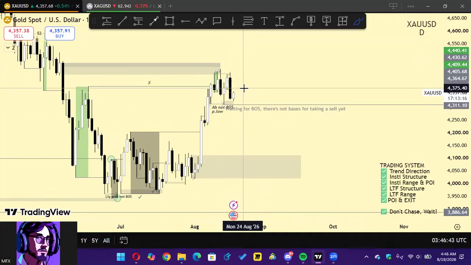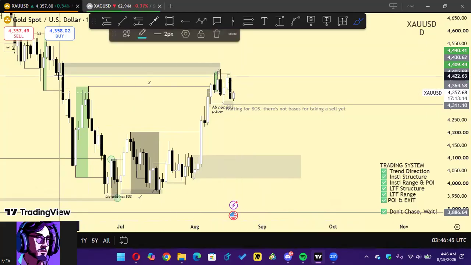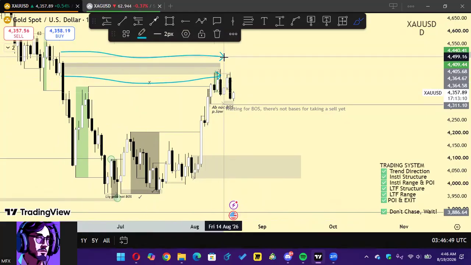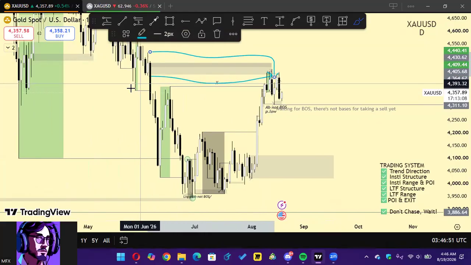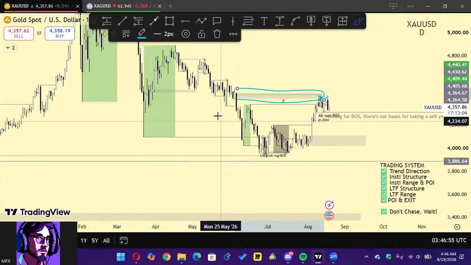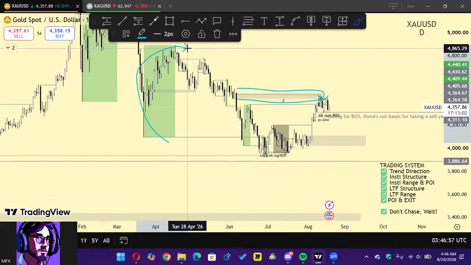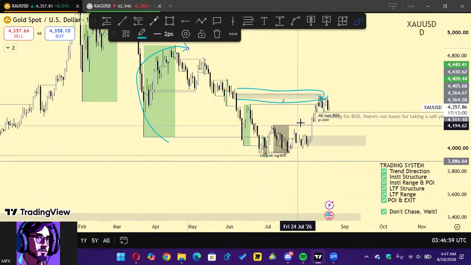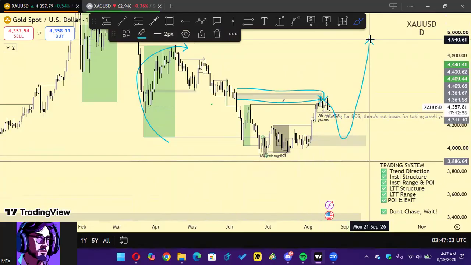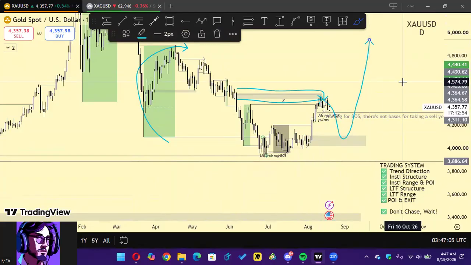So the next thing I'm expecting is that after price mitigates this institutional POI of this range, I'm expecting price to come mitigate this and continue with the bullish trend. That's typically what I'm looking at.